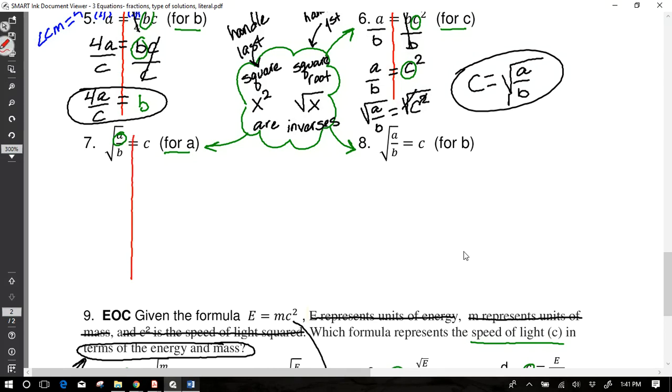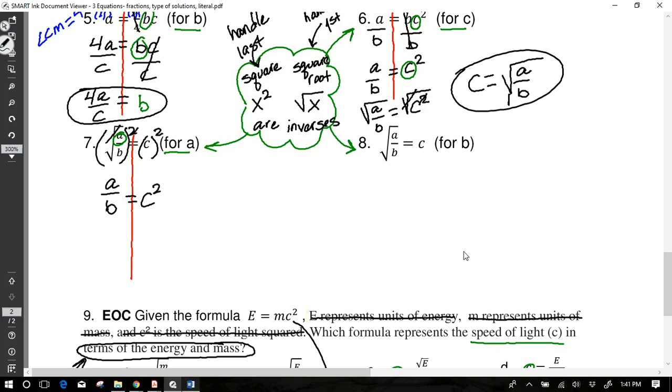So they gave me a square root. So the first thing that I want to do to both sides is I want to square the whole thing. Square both sides. And I always wrap it up in parentheses. Now I'm going to bring down what I have left. So here the square and the square root canceled out. A divided by B is what I have left. C squared is what I have on the other side.